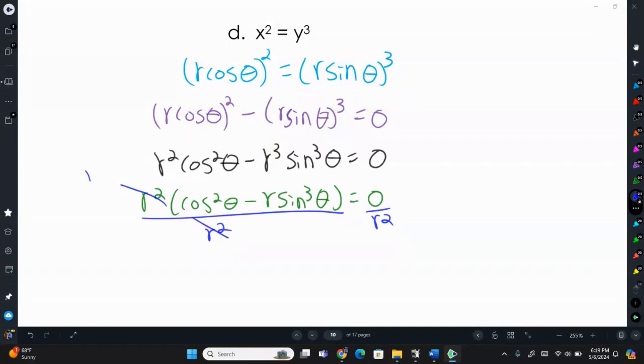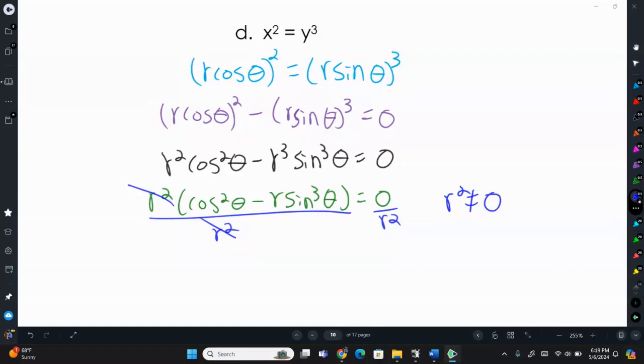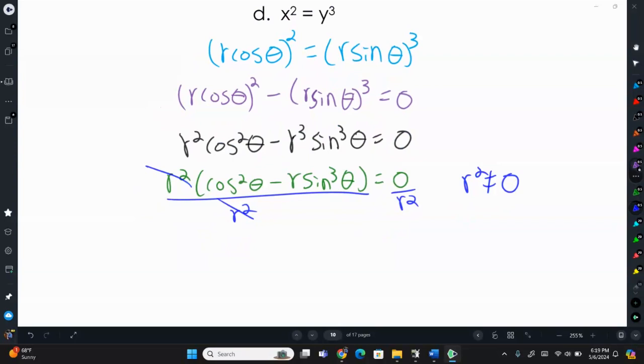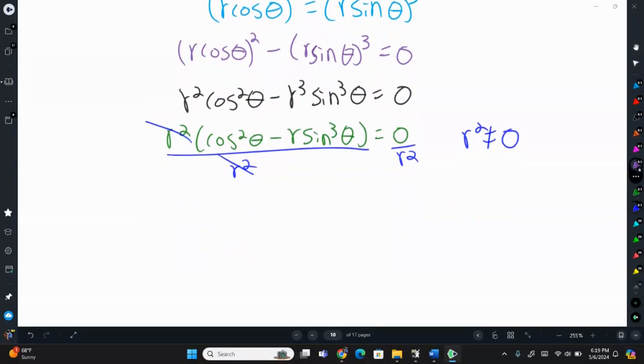And then we say r squared can't equal 0. All right, so now this leaves us with cosine squared theta minus r sine cubed theta equals 0.